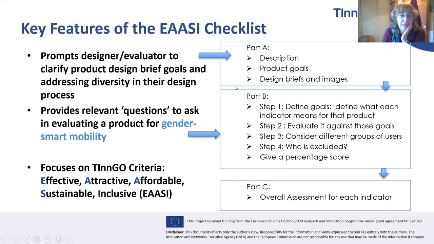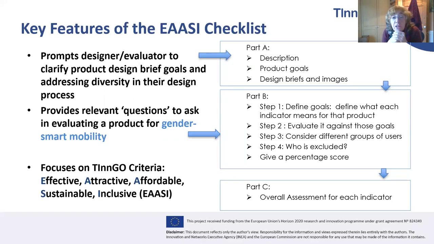Now in part B, this is where the TInnGO evaluation magic bit goes. We've provided a number of relevant questions to ask for evaluating a product for gender smart mobility. So in step 1, there are some goal definitions, so you define what each indicator means for that product. In step 2, you evaluate it against those goals.